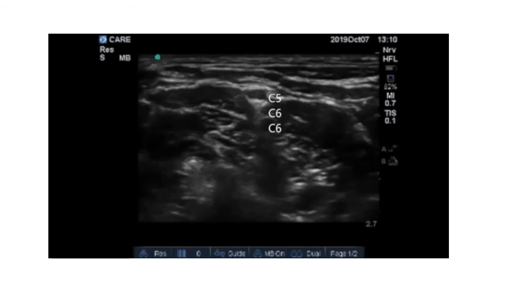For this case, we just inject the local anesthetic above the superior trunk, and then we withdraw the needle a little bit, and then inject local anesthetic to block the supraclavicular nerve selectively, just like this.